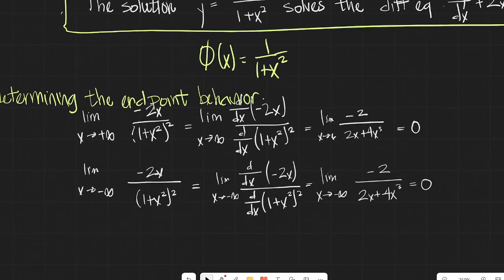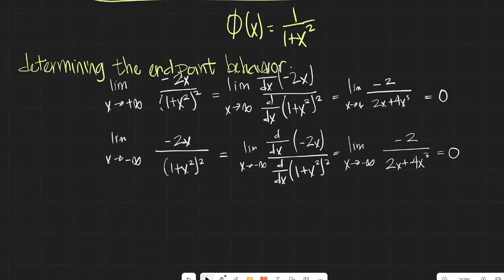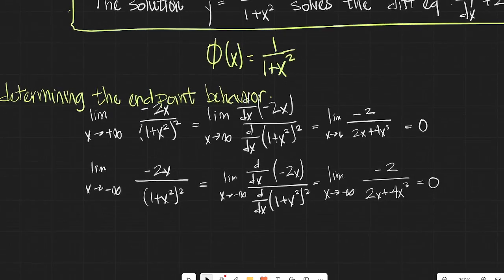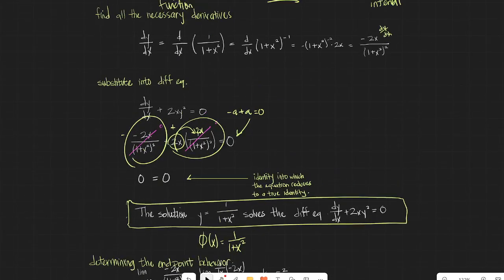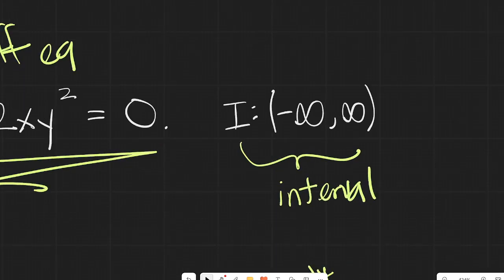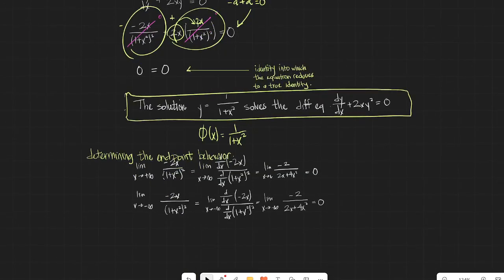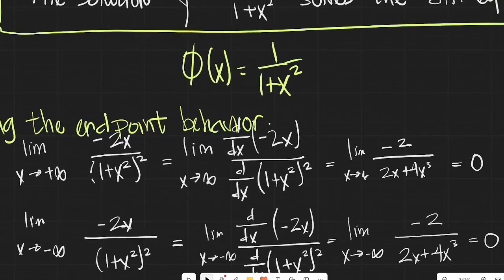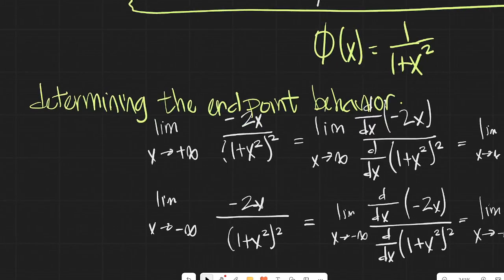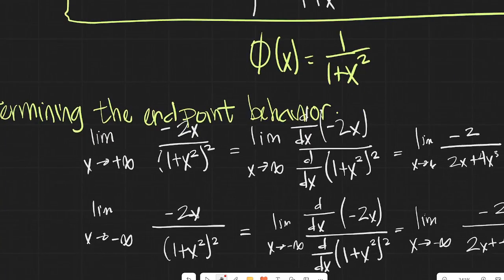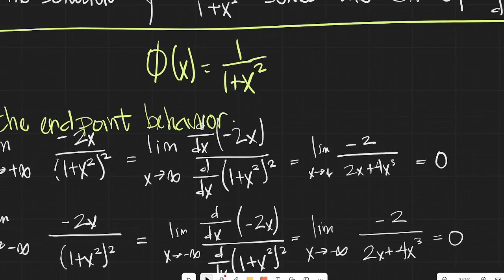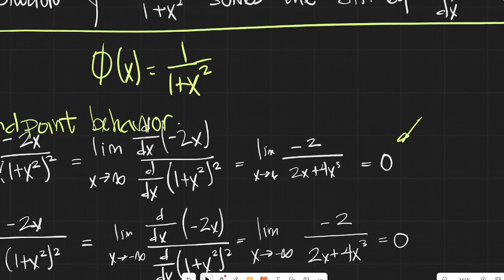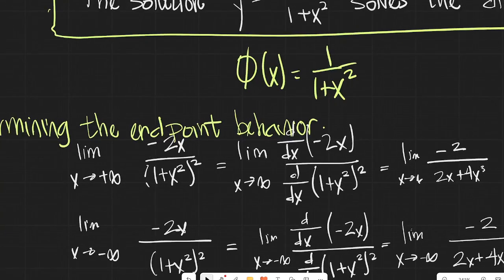This is kind of extracurricular, but we can determine the endpoint behavior. We know that the interval is from negative infinity to positive infinity. We can determine the kind of behavior that it exhibits. So as x goes to positive infinity here, this converges to 0. And I did that just by taking limits.